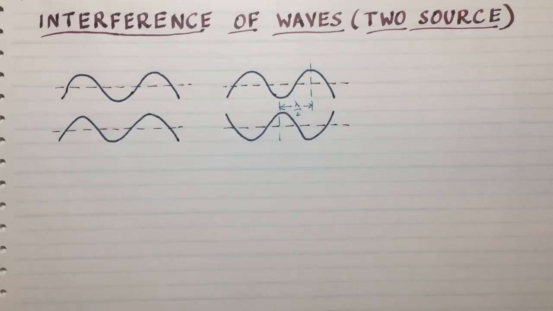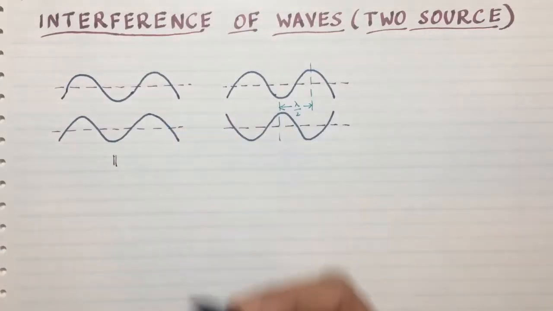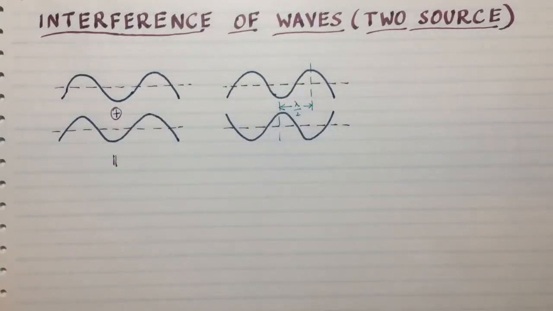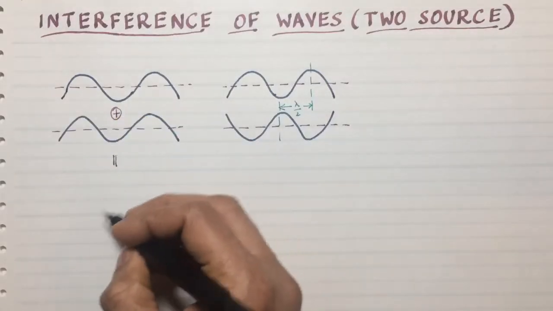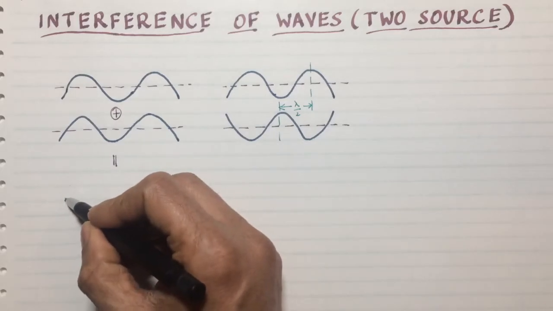If I were to add them, then I'll get a wave that will reinforce itself at these crests and at the troughs. So if I were to try to draw this to scale, it would look like this.